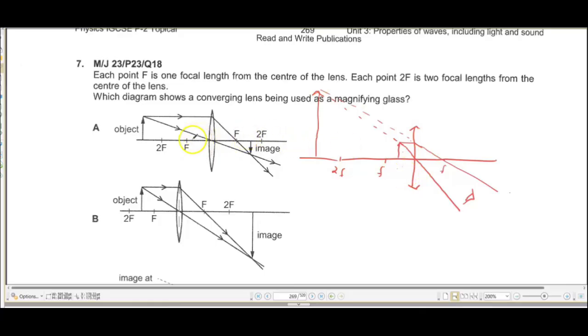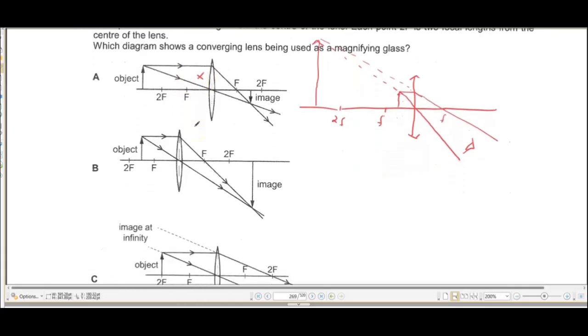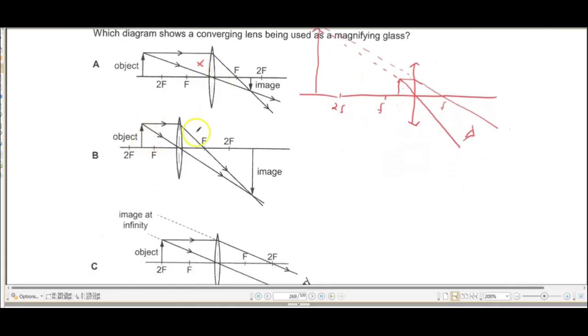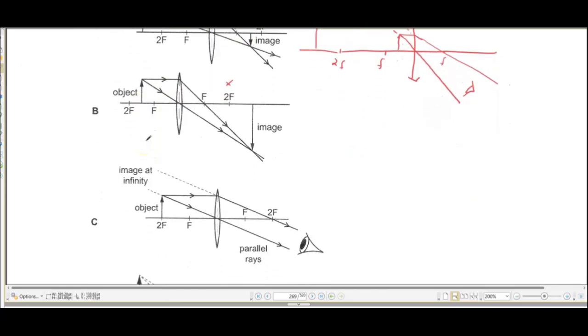The object, when the lens is being used as a magnifying glass, should be placed between the optical center and the focal length of the lens. So we don't see it over here. So this is not the correct option. We don't see it over here. This is the object between F and 2F over here. The object is at 2F over here.